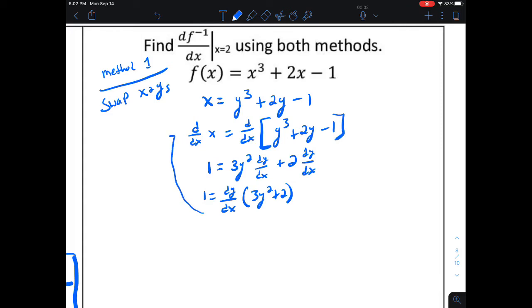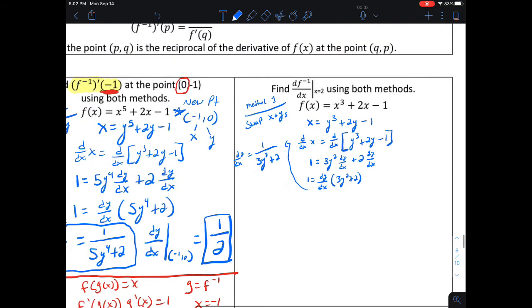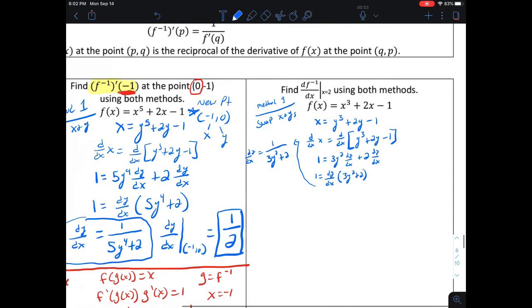And we have our derivative equation. So I'm going to come up this way, so I have a little bit more room than I did before. So our derivative expression, dy over dx, is going to equal 1 over 3y squared plus 2. Well, the difference was, in our original problem, we had a coordinate that we wanted to plug in. And so we're asking ourselves, what is the coordinate that we would have here to plug in?